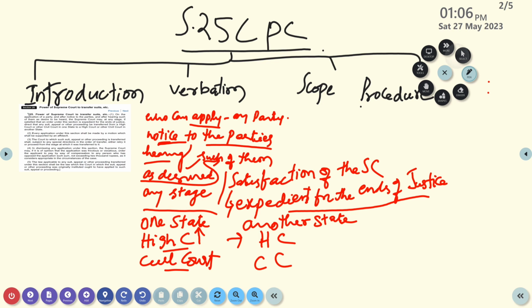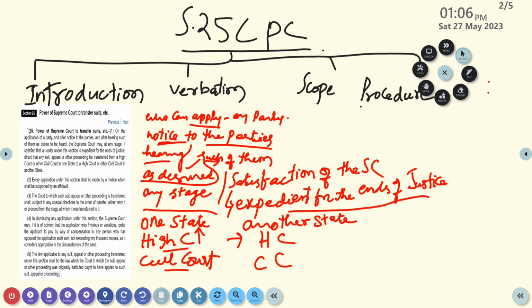Okay, come to class 2. What does class 2 say? This class 2 says that every petition or application under this section shall be made by a motion which shall be supported by an affidavit. So we know that it is petition plus affidavit.